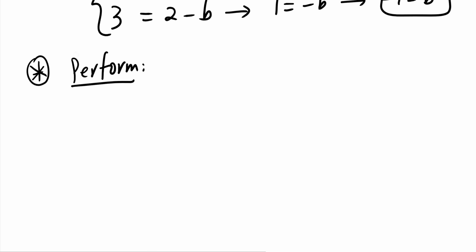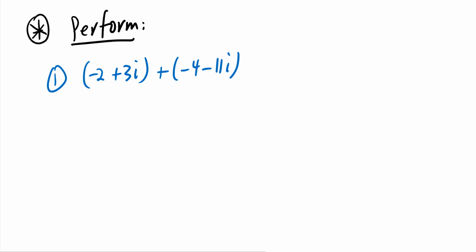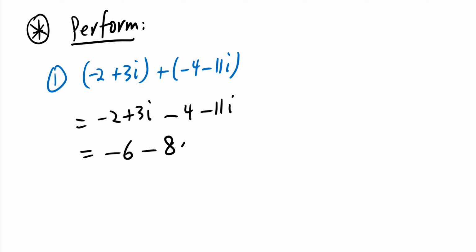So let's say we are asked to perform addition of two complex numbers, like this one plus negative 4 minus 11i. So how do we perform this? Well, let's keep the first one the same. This is minus 4 minus 11i. This is negative 6 minus 8i.